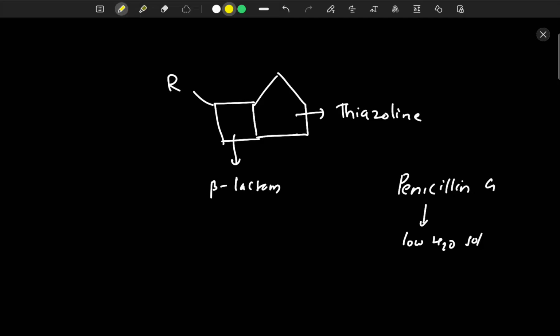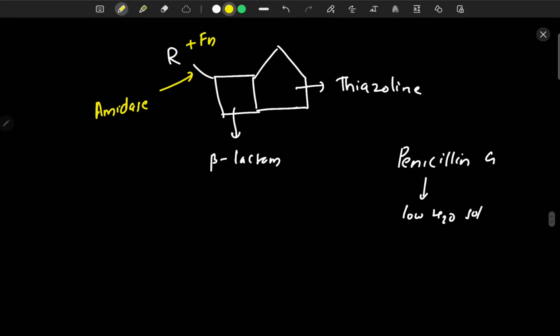Smaller molecules which are water soluble will pass through the porins more easily. So to make it more water soluble, we can remove this group with an amidase, and after that we can add certain functional groups.